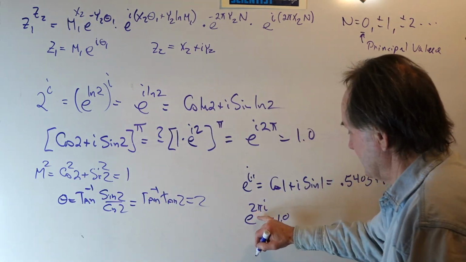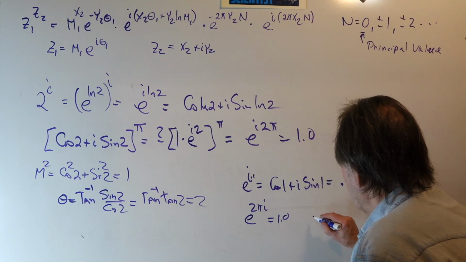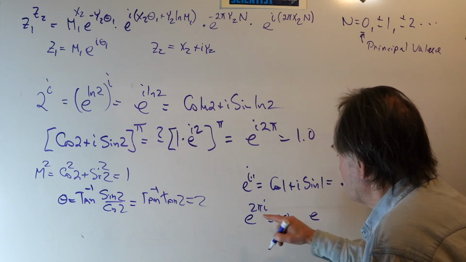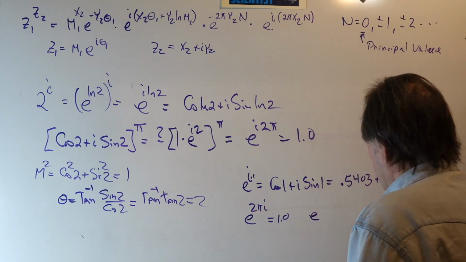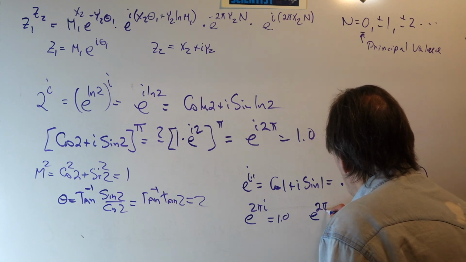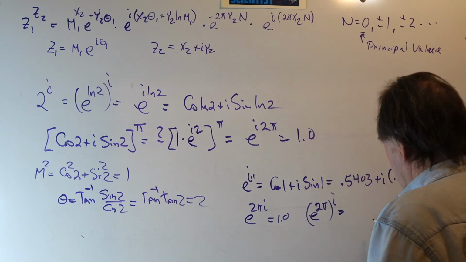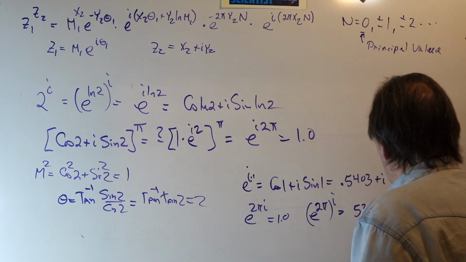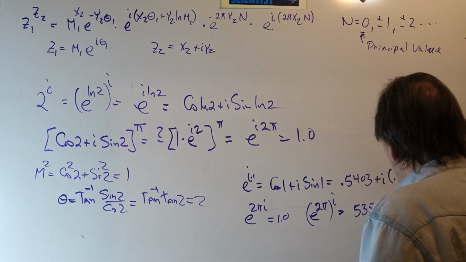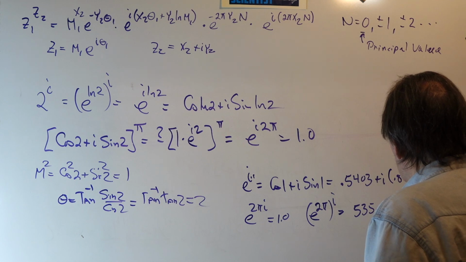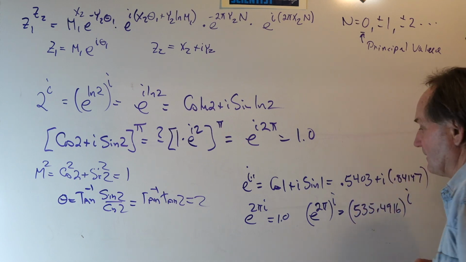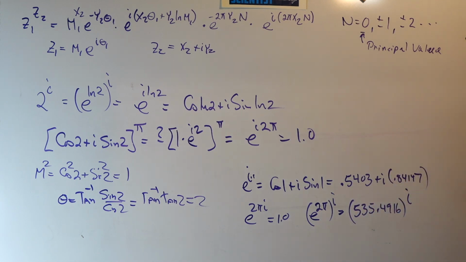But we can rewrite this using properties of exponents. e to the 2 pi i can be written as e to the 2 pi raised to the i power. Well, e to the 2 pi from before is 535.4916, and so on, raised to the i power.